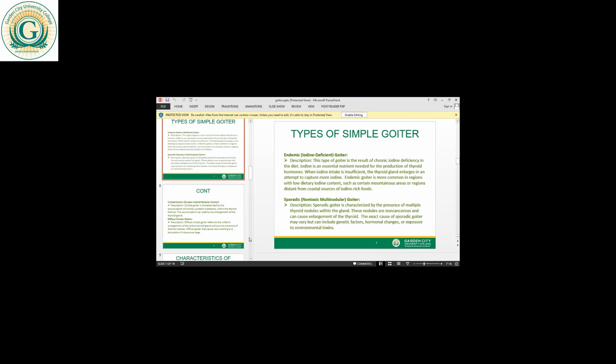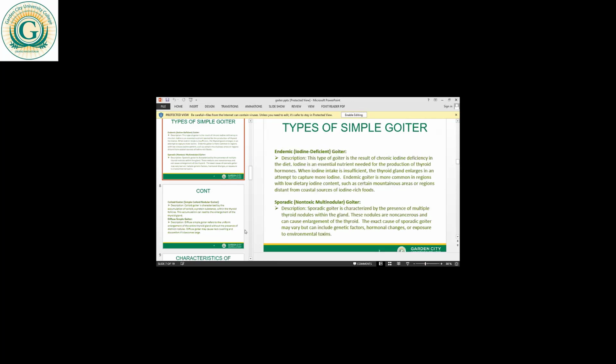When iodine intake is insufficient, the thyroid gland enlarges in an attempt to capture more iodine. So endemic goiter is more common in regions with low dietary iodine content, such as mountainous areas or regions distant from the coast. This is because most seafoods are high in iodine.